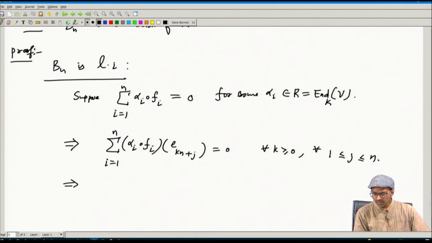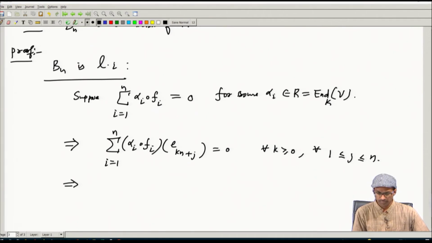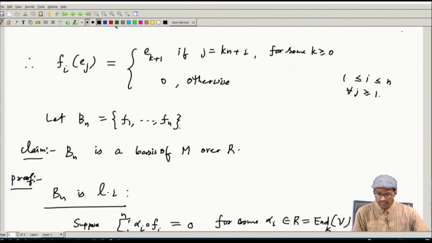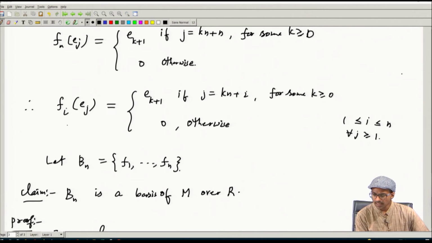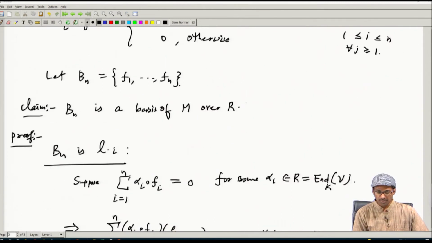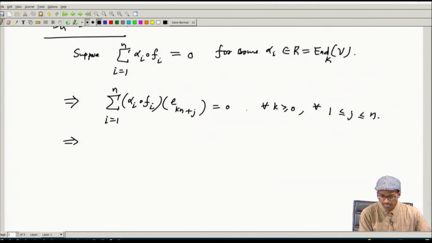But according to our definition of Fi, if you just see, the definition of Fi is: Fi of Ej is E of k plus 1 if j equals kn plus i. So, by the definition of Fi, only one term is surviving, that is the i equal to j term.